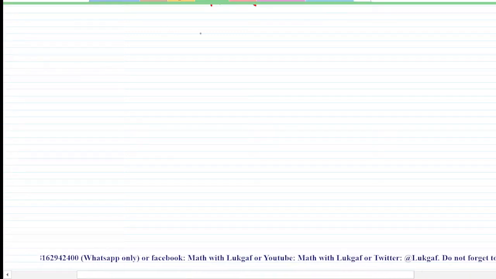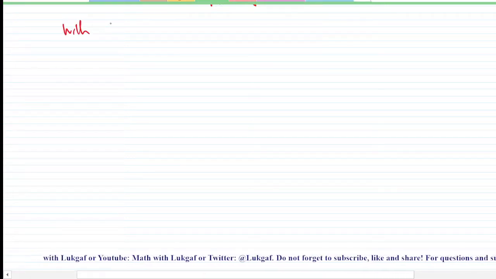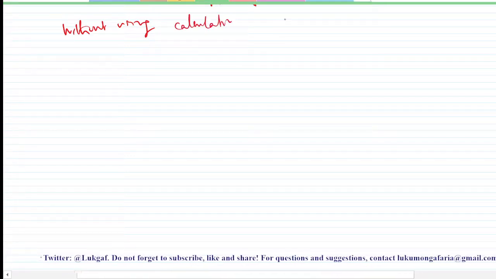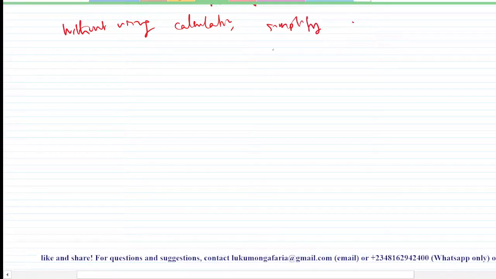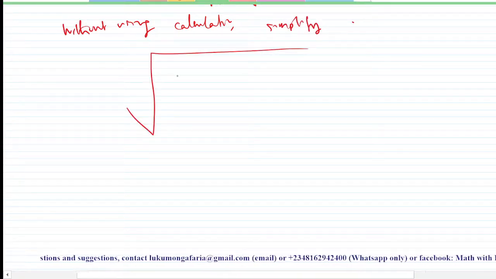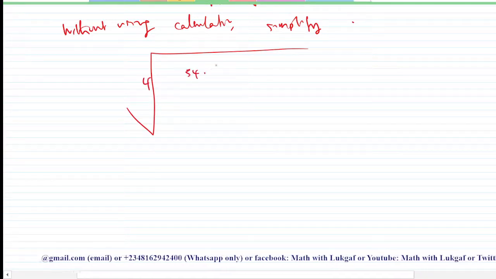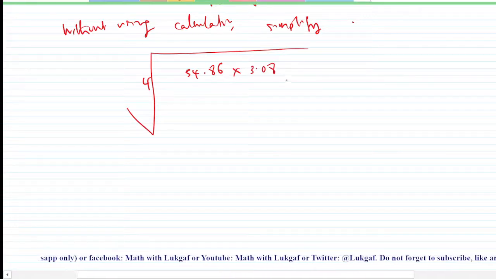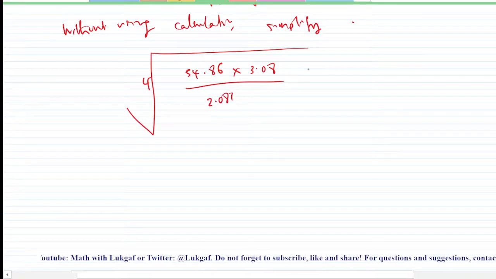Now let me give you an example that takes everything into account. For example, without using a calculator, simplify the square root of the fourth root of 54.86 multiplied by 3.08, divided by 2.081 multiplied by 4.205.